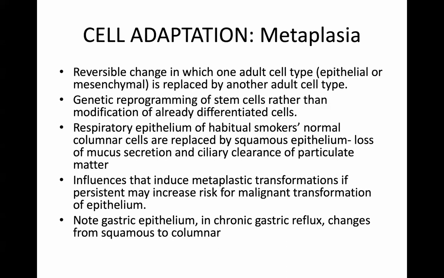For example, in people who have chronic gastric reflux, the direction of change is different. Their normal stratified squamous epithelium of the lower esophagus that is exposed to acid regurgitation will undergo metaplastic transformation to gastric or intestinal type columnar cells.